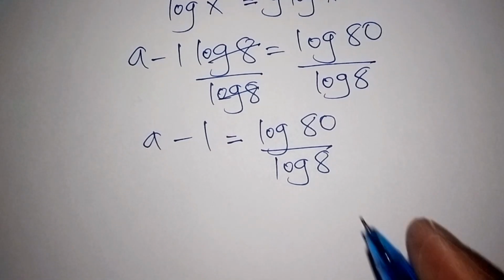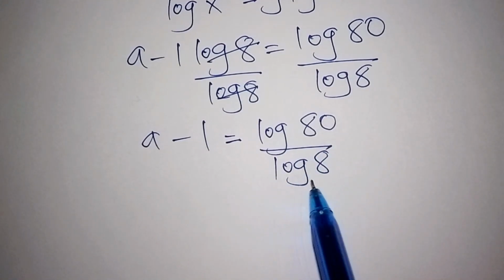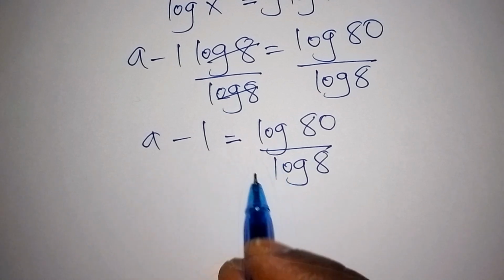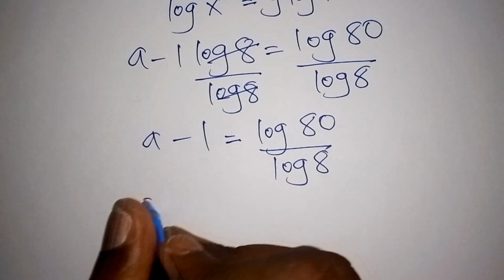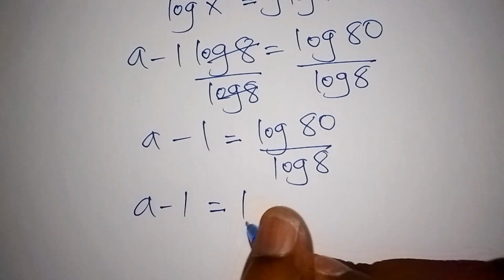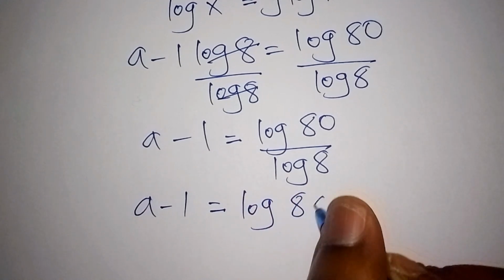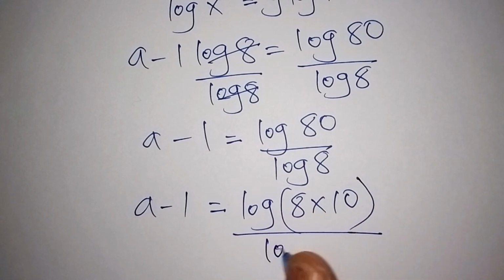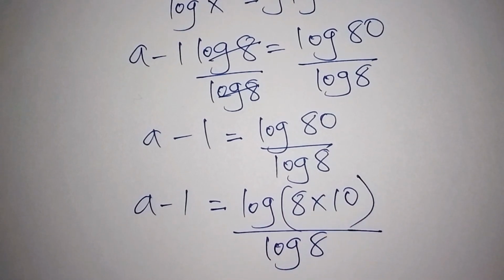Let's now factorize the log of 80 all over the log of 8. Let's still leave the minus 1 on the other end. So here now a minus 1 is equal to, the log of 80 can also be written as the log of 8 multiplied by 10 in bracket, all over the log of 8.